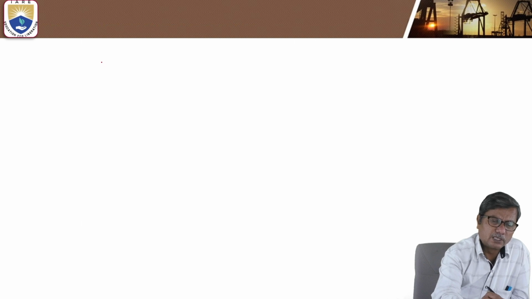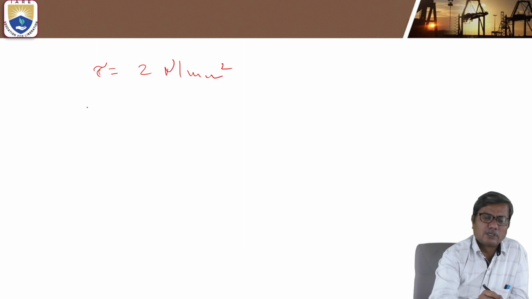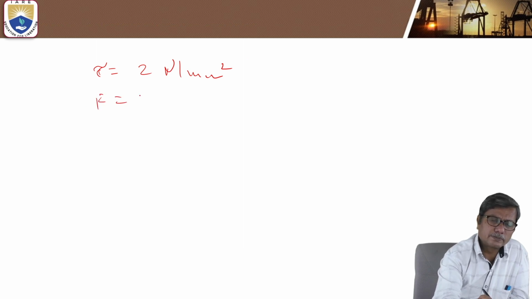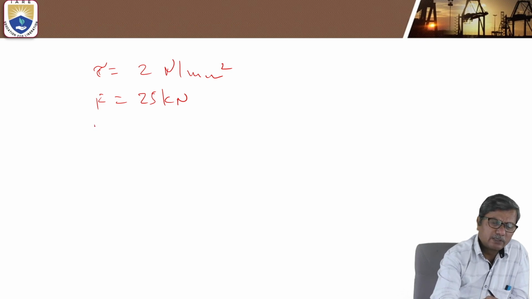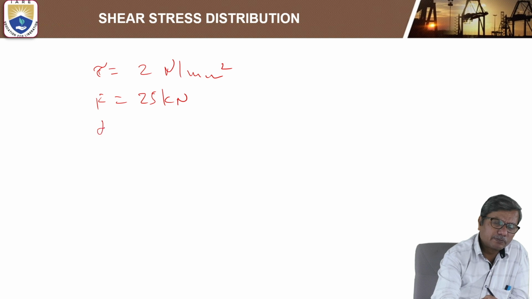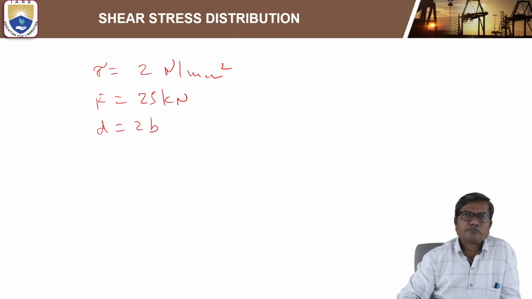Let us consider another example. The maximum shear stress is not to exceed 2 Newton per mm square, and the shear force is 25 kilonewtons, and the depth of the beam is 2 times the width of the beam.